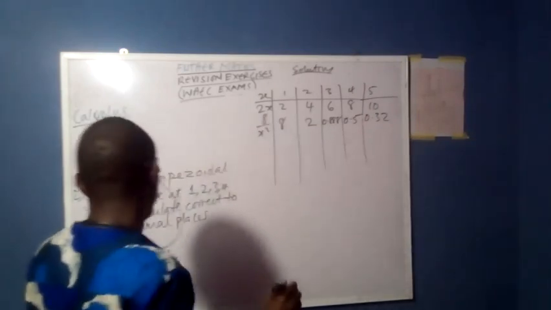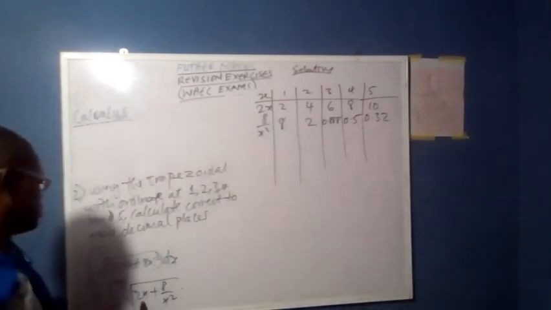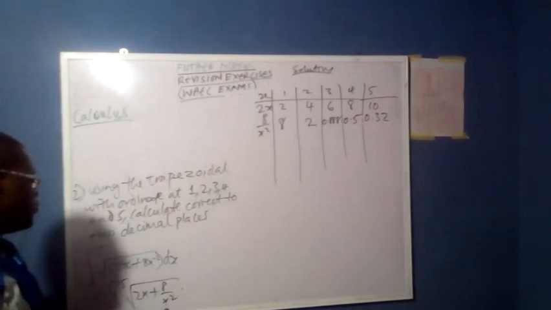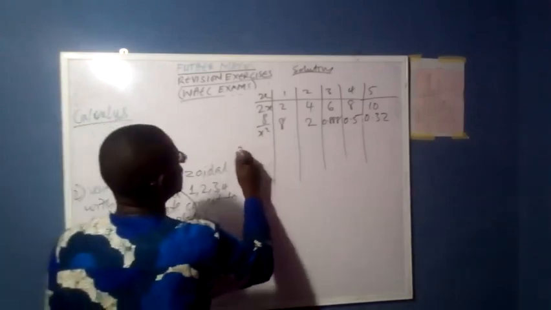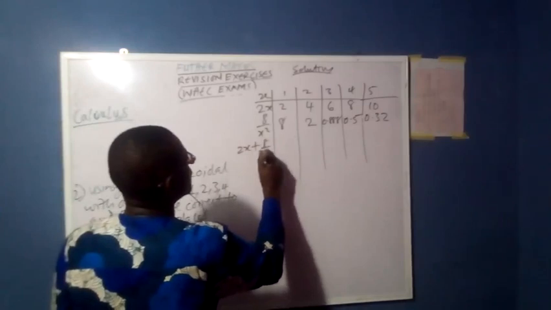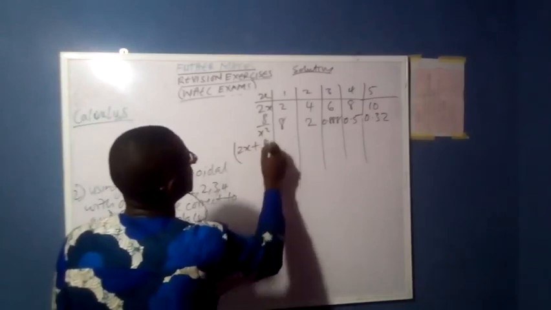The next thing is to put together 2x and 8 over x squared. So we have 2x plus 8 over x squared. Let's add them together.